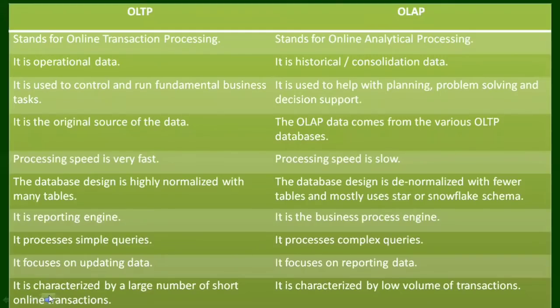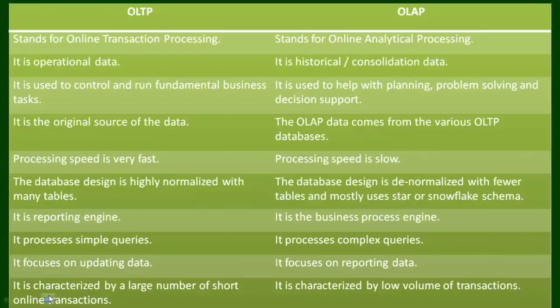And by this table, we can find the basic difference between the online transaction processing and online analytical processing. OLTP stands for online transaction processing, whereas OLAP stands for online analytical processing. OLTP is operational data, where the business operations are taking place in the day-to-day life of the business, and OLAP is the historical or consolidated data.